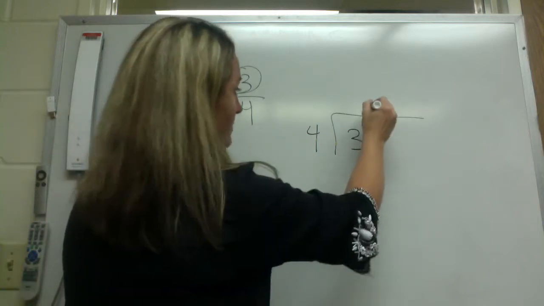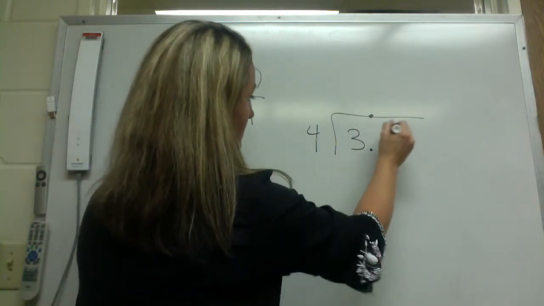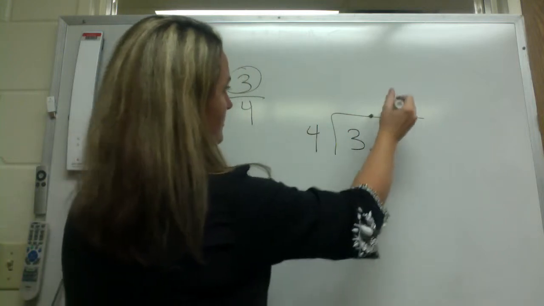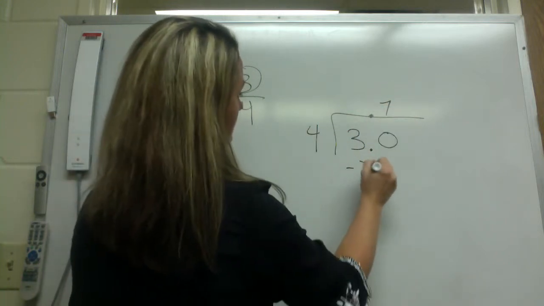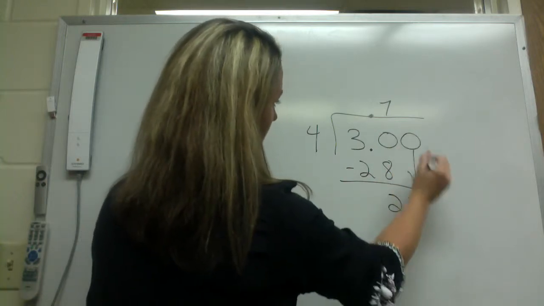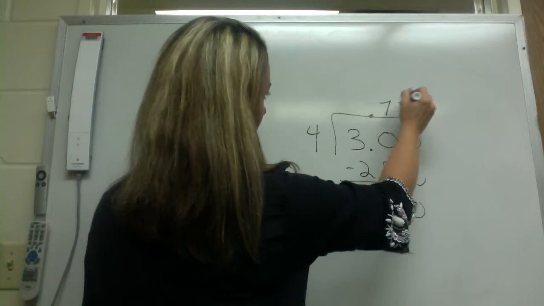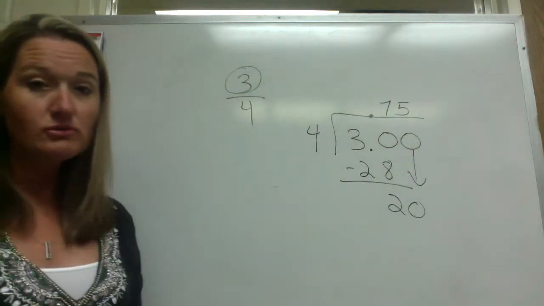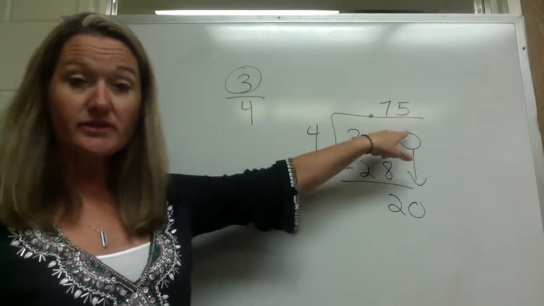Right off the bat, we know we need a decimal. 4 goes into 30 seven times. Then add another 0. 4 goes into 20 five times. So 3/4 as a decimal is 0.75.